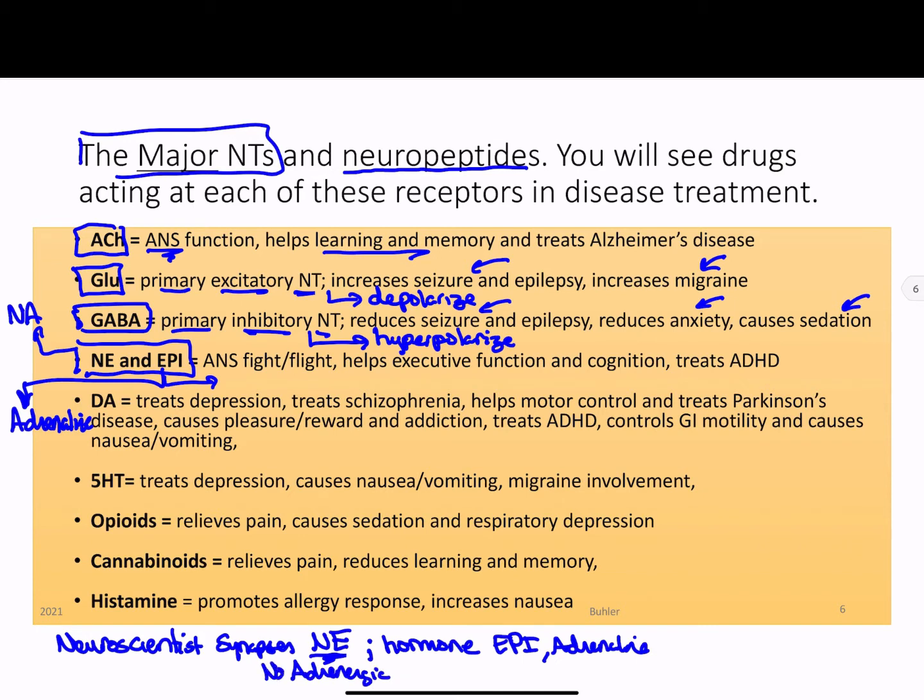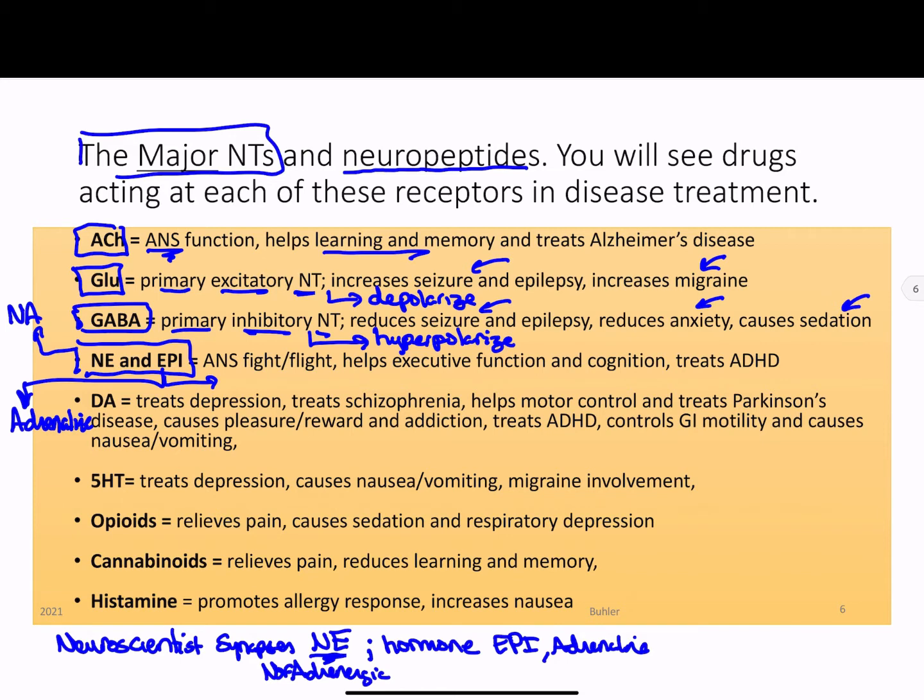So it's all a big mess. If I'm talking about an adrenergic system or a noradrenergic system, you know that we're talking about adrenaline being the same thing as epinephrine and noradrenaline being the same thing as norepinephrine.